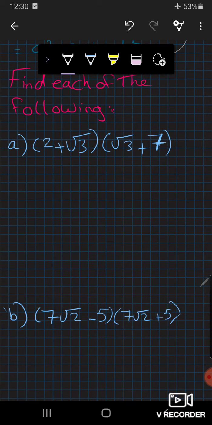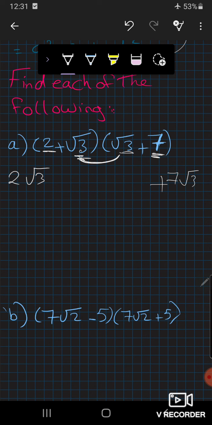Find each of the following. Here you have two brackets. So first of all, I make first times first, second times second. This is called first times first. So this one times this equals 2 square root 3. What about second times second? So it will be 7 root 3. Let's make the means.